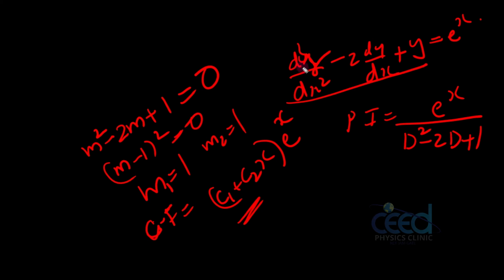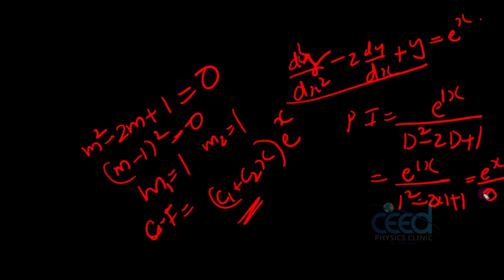I will replace the d by dx operator with a capital D. Here the problem is that it is of the form e raised to ax, so here it is e raised to 1x. Now I have to replace this D with 1. When I replace it, I get 1 square minus 2 into 1 plus 1, so e raised to x by 0.